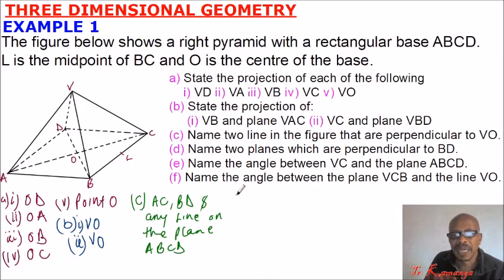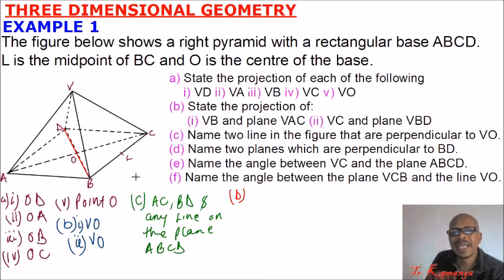We come to part D. Part D, name two planes which are perpendicular to BD. Where is our BD? This is our BD. We can use a line, we can draw BD.